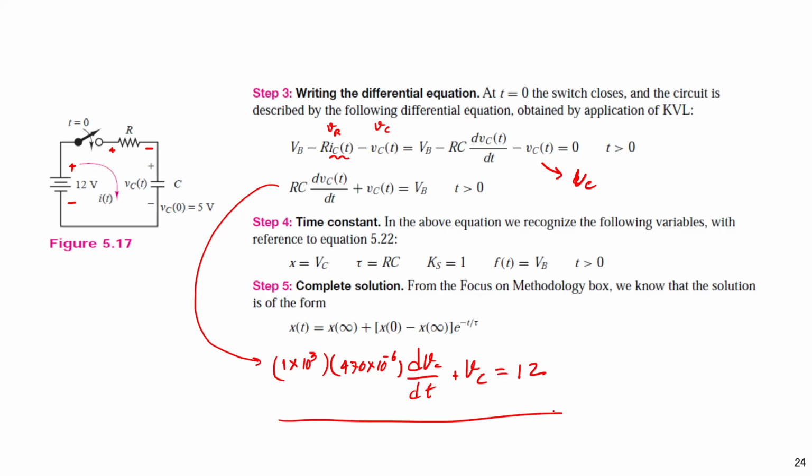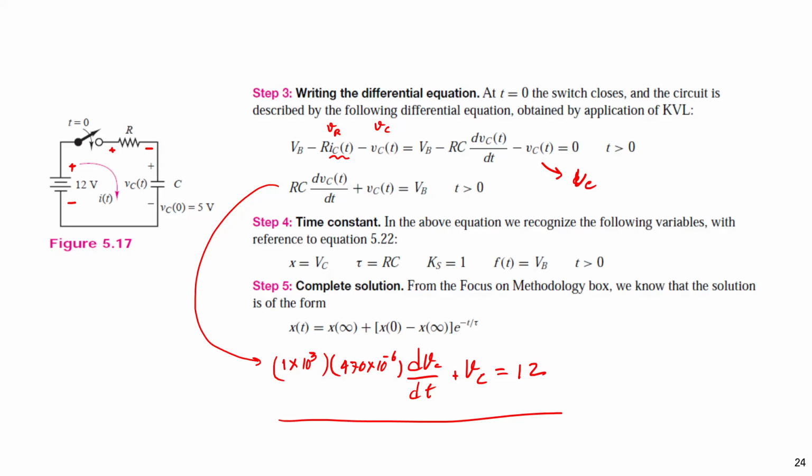We solve this equation with any method you prefer to get Vc as a function of time. In this example, we solve it by taking the time constant as RC, with forced response and natural response. We can just substitute the final formula.